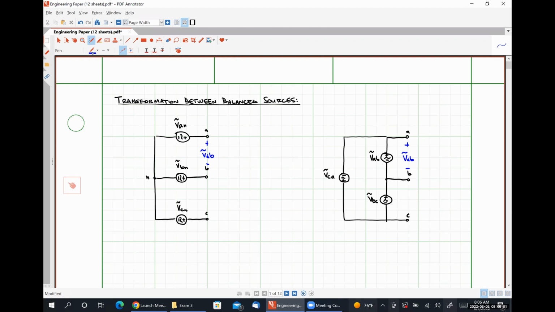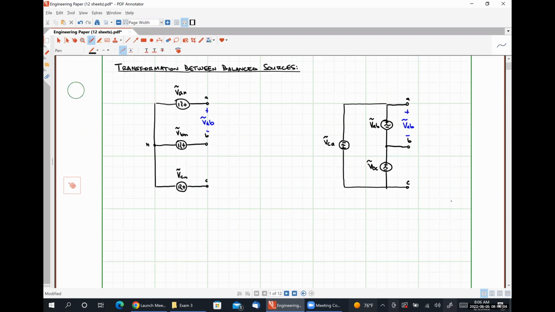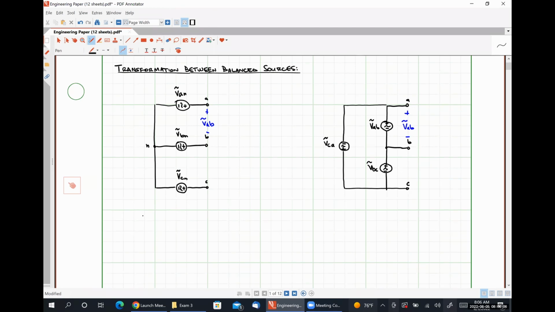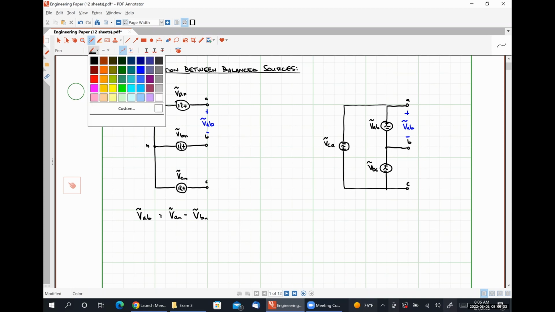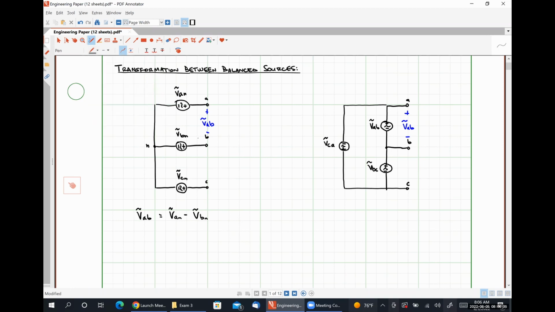Well, on the right-hand side, our line voltage is literally just our three-phase voltage, our delta connected voltage, VAB. And on the left-hand side, our voltage VAB is equal to VAN minus VBN. Okay. And I got that by performing Kirchhoff's voltage law around this loop.